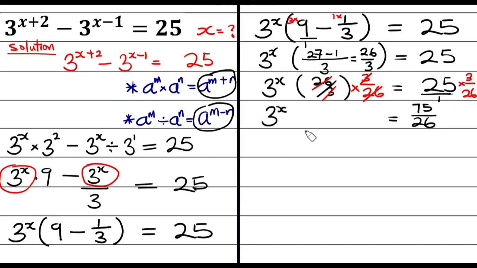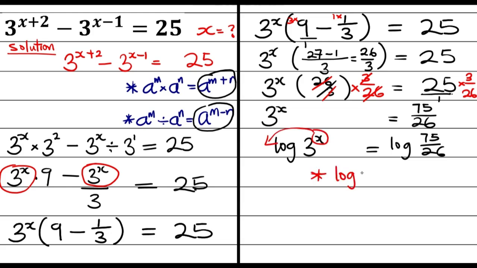Now it is time for me to apply logarithm to both sides of the equation. I have log of 3 raised to the power of x equals the logarithm of 75 over 26. And according to the rule of logarithm, this x is going to come to this side.